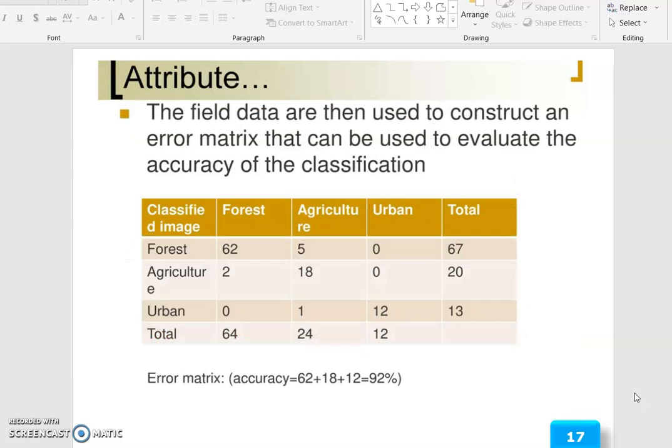The classified image: forest, agriculture, urban, total. Based on the error matrix, accuracy is equal to the calculation we can make.